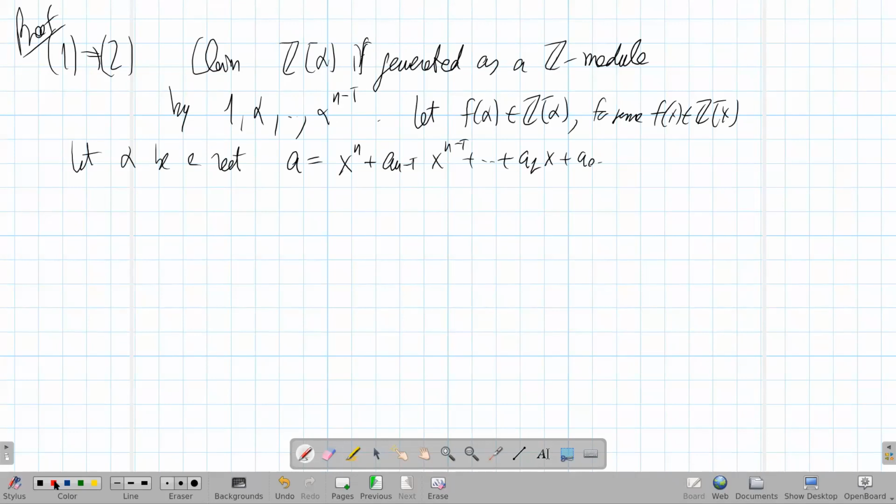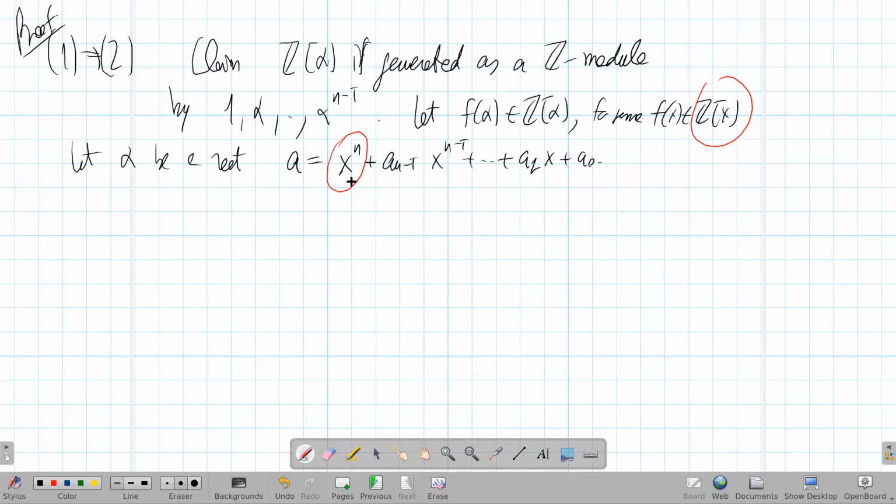Now, this is a monic polynomial. We know that Z[x] is not a Euclidean domain in general; you cannot divide two arbitrary polynomials, one by the other, even if they are different from 0.